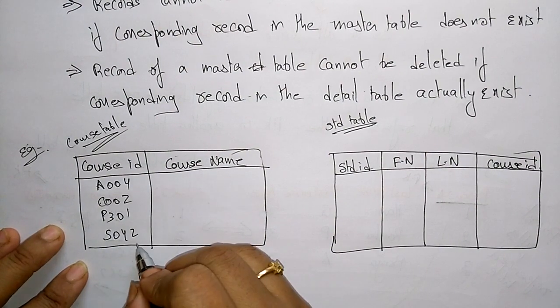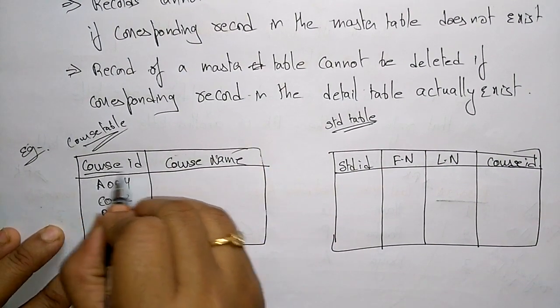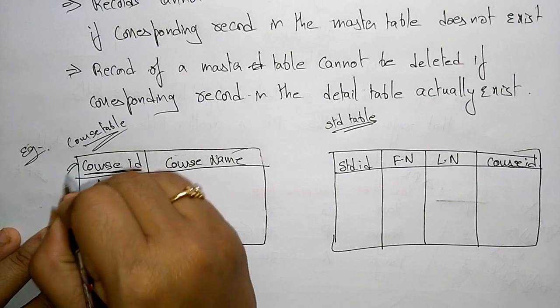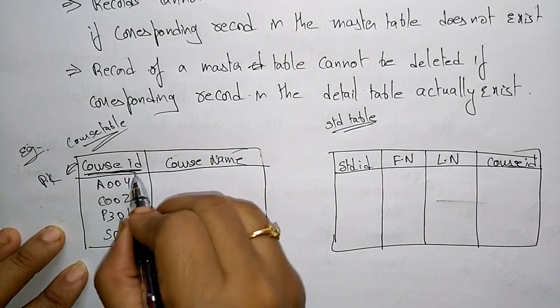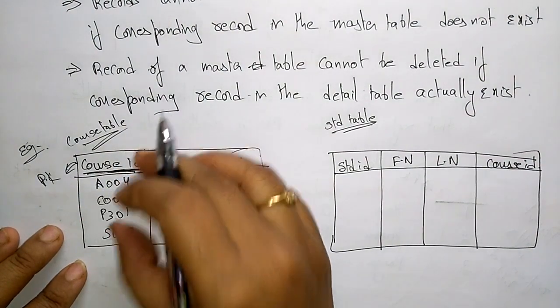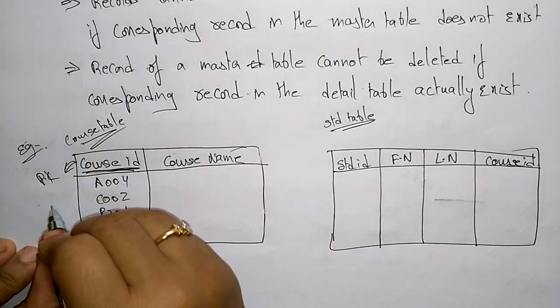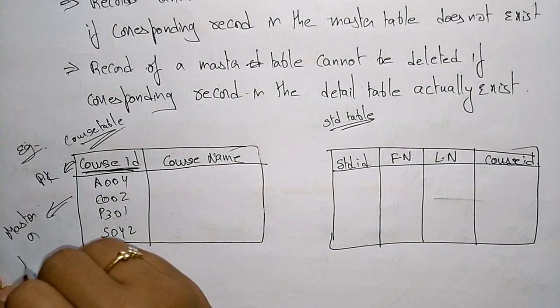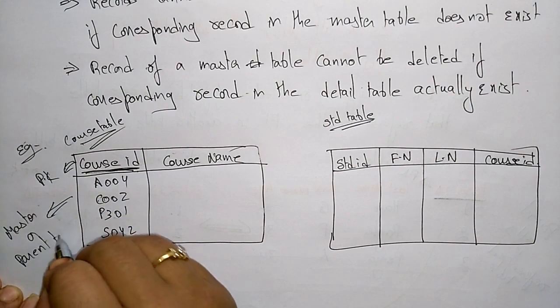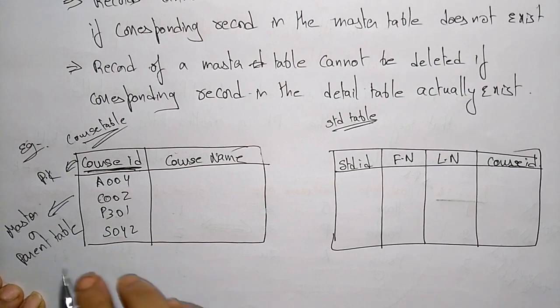So these are the different courses. All are different, so here I am taking this course ID as the primary key. Whenever the underline is there, that field is the primary key in this table. So this is a master or parent table.